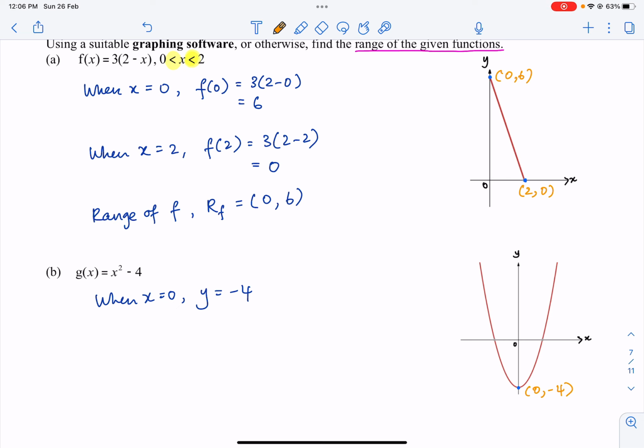So as you can see, there is no endpoint given for the maximum value of y. So in this case, you can't really find the maximum value of y.